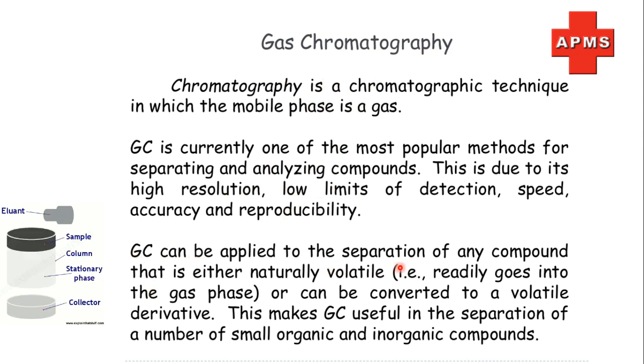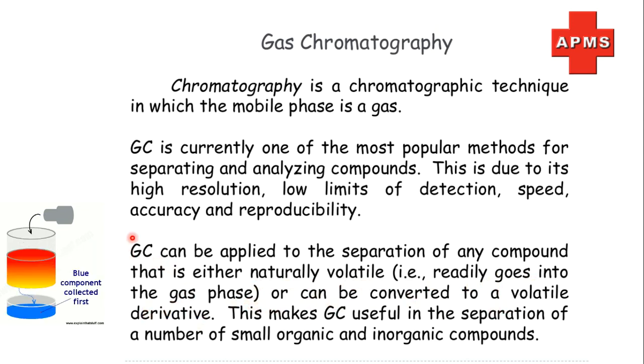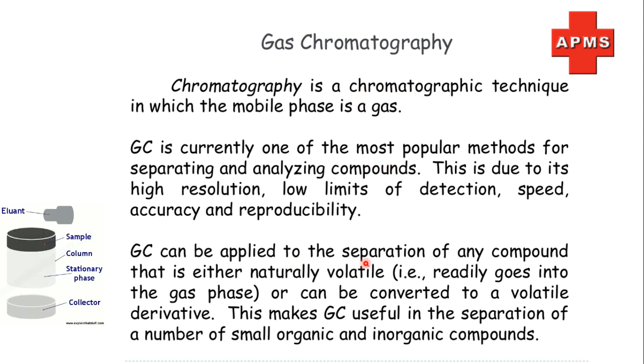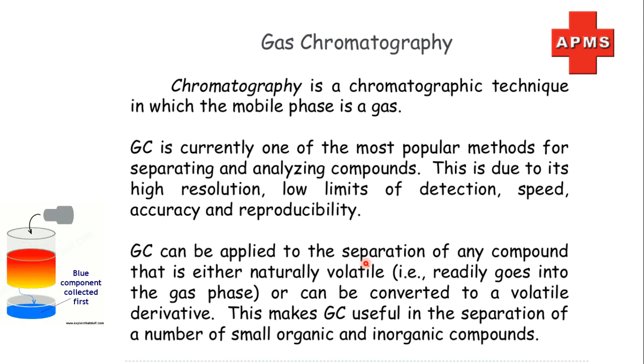Now GC can be applied to the separation of any compound that is either naturally volatile, that readily goes into the gas phase, or can be converted to a volatile derivative. We have already considered the mobile phase as a gas, but our unknown sample could be a gas or a liquid, and liquids are of two types, volatile and non-volatile.